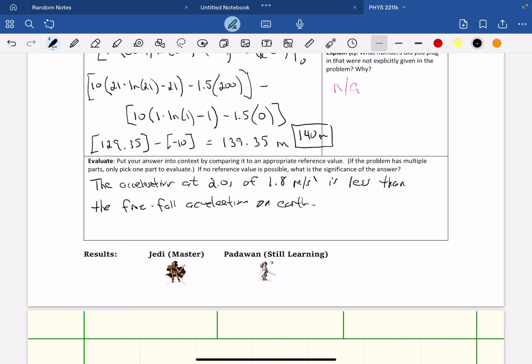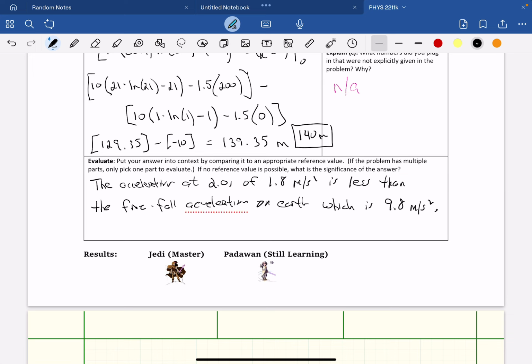Now, why did I pick that? Because the free fall acceleration on Earth is known as g, and that is a number that we will all have memorized very soon. The free fall acceleration on Earth is 9.8 meters per second squared.